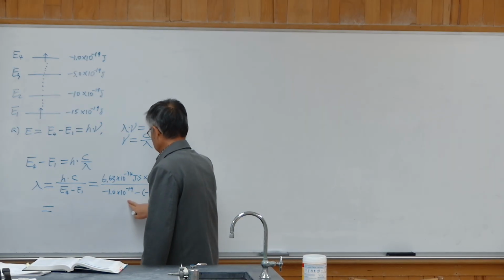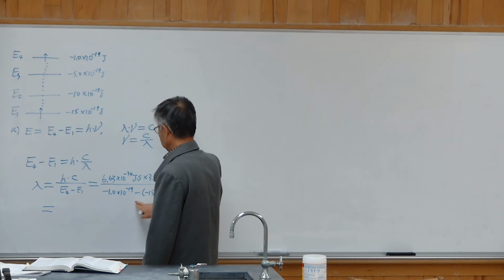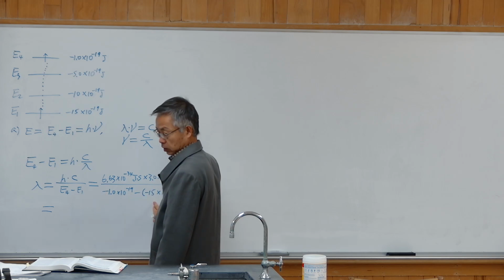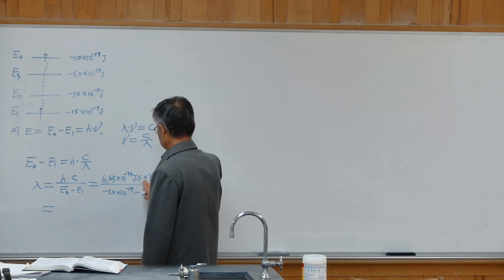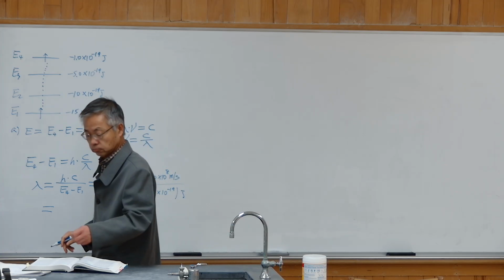So again, combined together, negative 1 minus negative 15 is 14, right? 14 times 10 to the negative 19th power. Then use your calculator. 6.63 times 3 divided by 14.